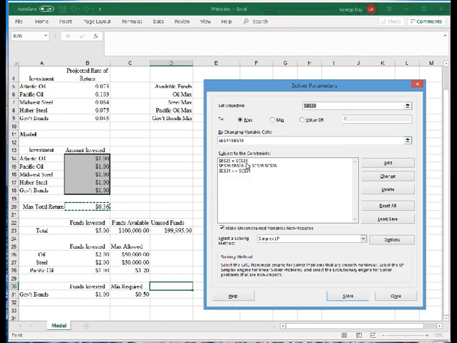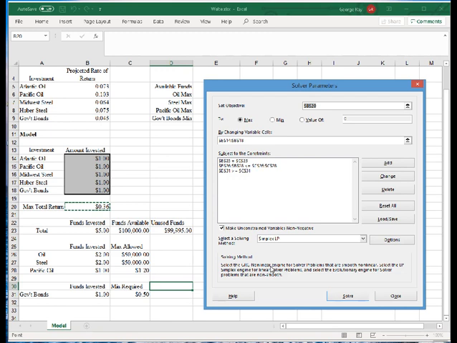And that is that B23 is less than or equal to C23, and then B26 to B28 is less than or equal to C26 to C28, and that B31, the funds invested in government bonds, is greater than or equal to C31, and C31, of course, is the minimum required.